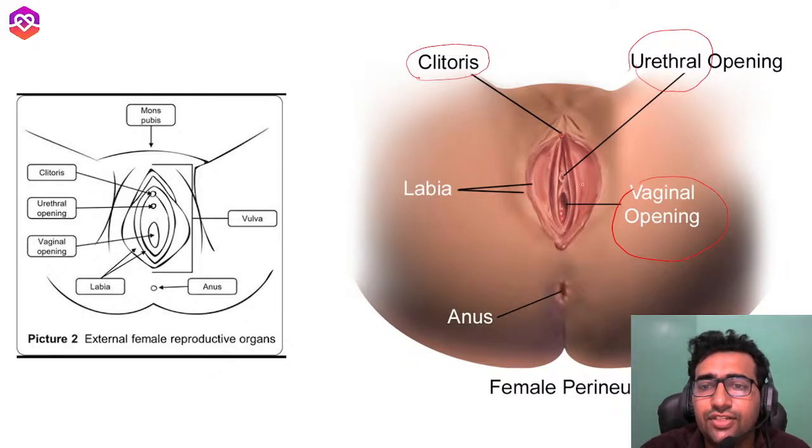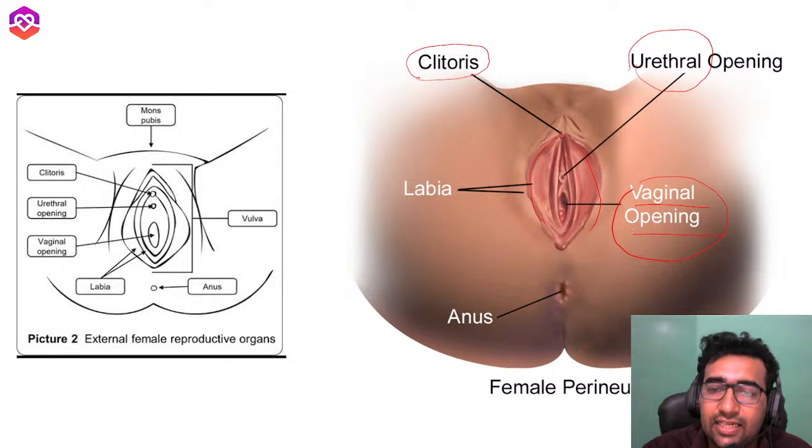The urinary system and genital opening come together, and it's enclosed in folds known as labia. Labia majora is there, labia minora is there, mons pubis is there. That you know, I think. Okay. So under reproduction, we have to consider only the vaginal opening. So the vaginal opening is present in the external genitalia.